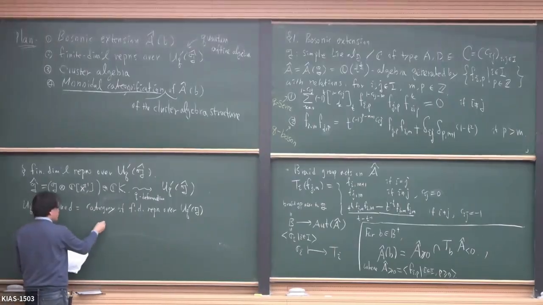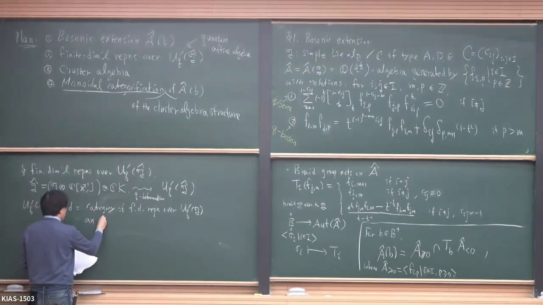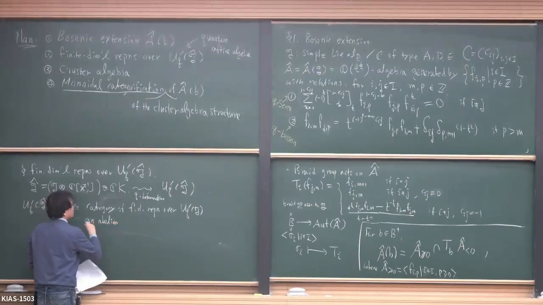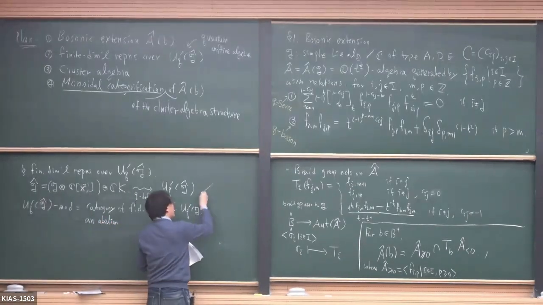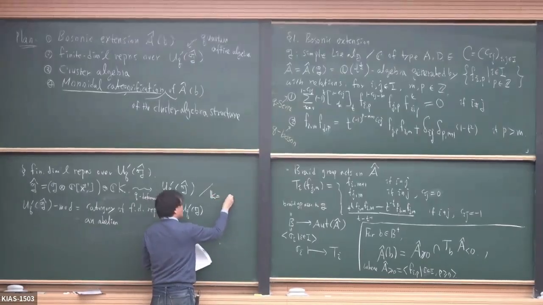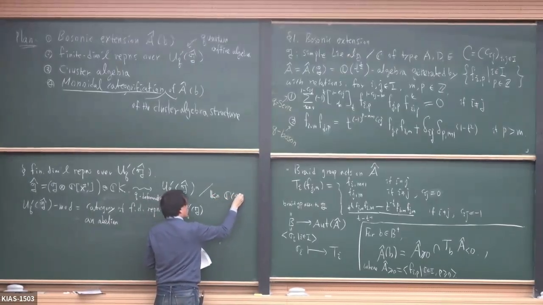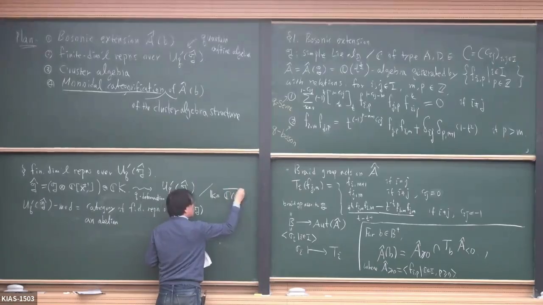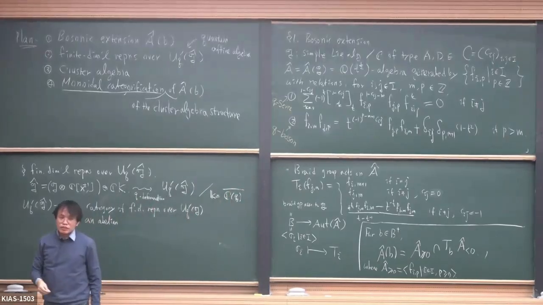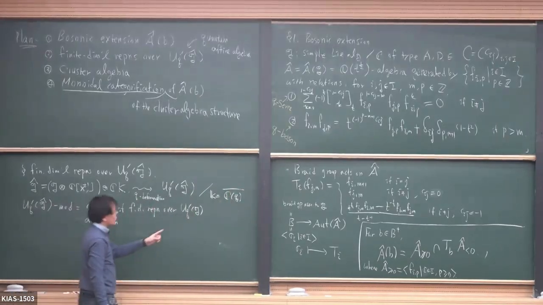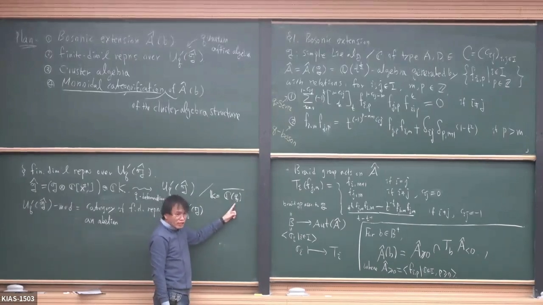So this is an abelian category. Let me denote my base field K as the algebraic closure of the field of rational functions in q. I just want q to be generic, and I want to have an algebraically closed field.